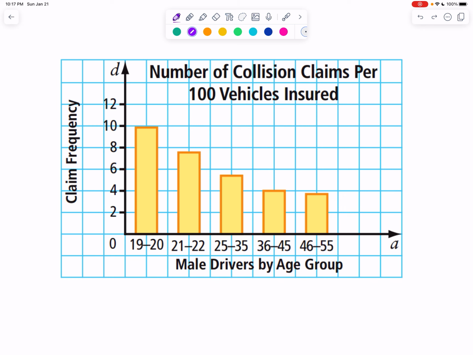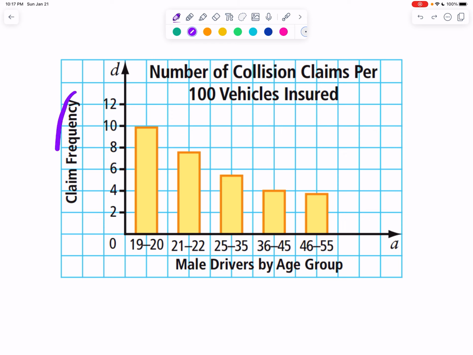Now our population was kind of separated by age bracket here, and we can see that on the horizontal bottom axis that we have 19 to 20-year-olds, so pretty fresh drivers, pretty new drivers, then 21 to 22, 25 to 35, and they just get older and older as time goes on.